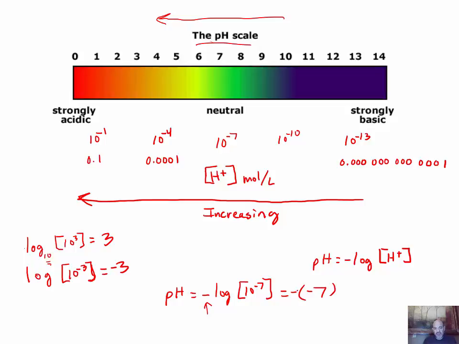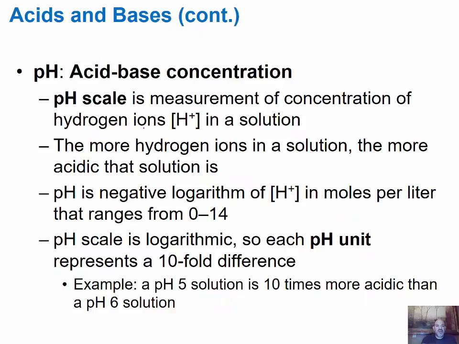So the negative changes the sign, so we get 7. So that explains the definition, and it's a good idea to keep in mind this equation here. And it really explains why when you go smaller on the pH scale, you're really getting a higher hydrogen ion concentration.